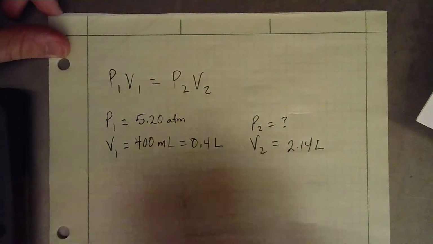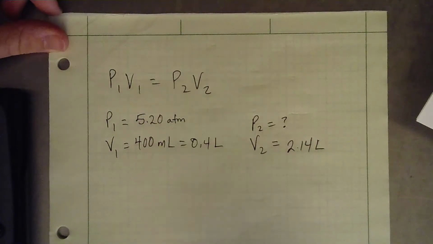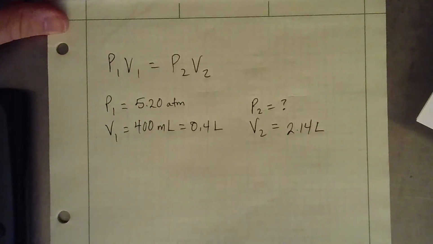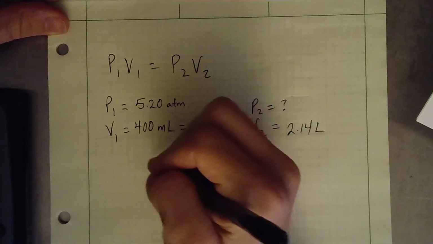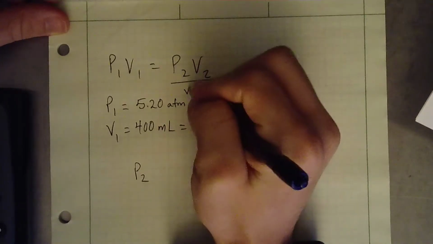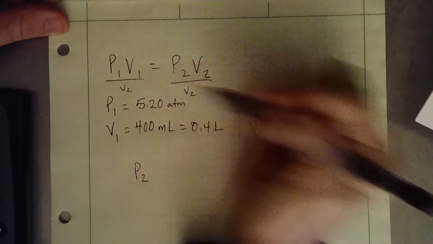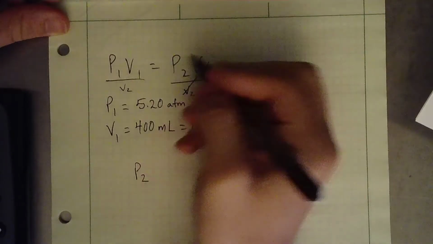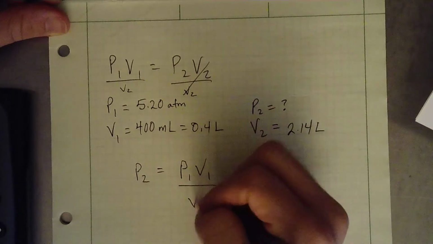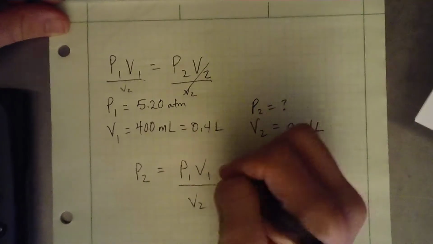Okay, and it really is as simple as it looks. We're just going to solve this equation for P2, okay? And in fact, I'm going to solve for P2 ahead of time. If I divide both sides of the equation by V2, then P2 is equal to P1 V1 over V2, okay?